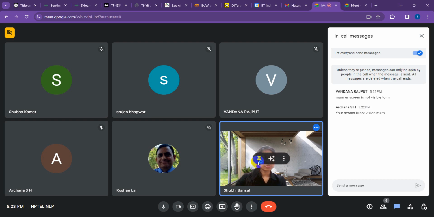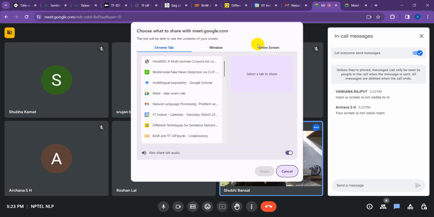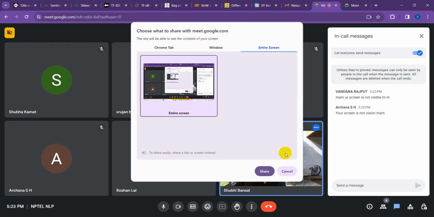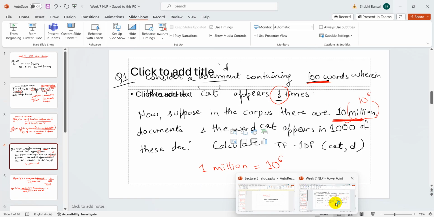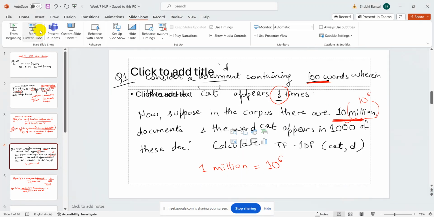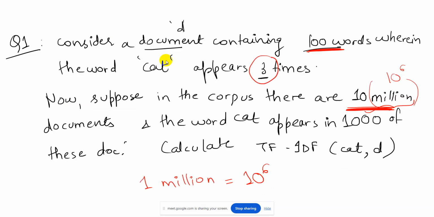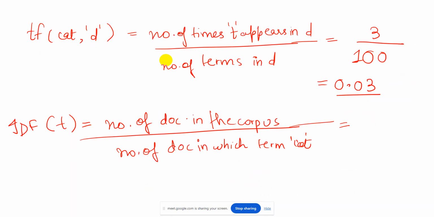Okay, it is not visible again. I don't know, I think it stopped. So sorry for that. Is it visible now?